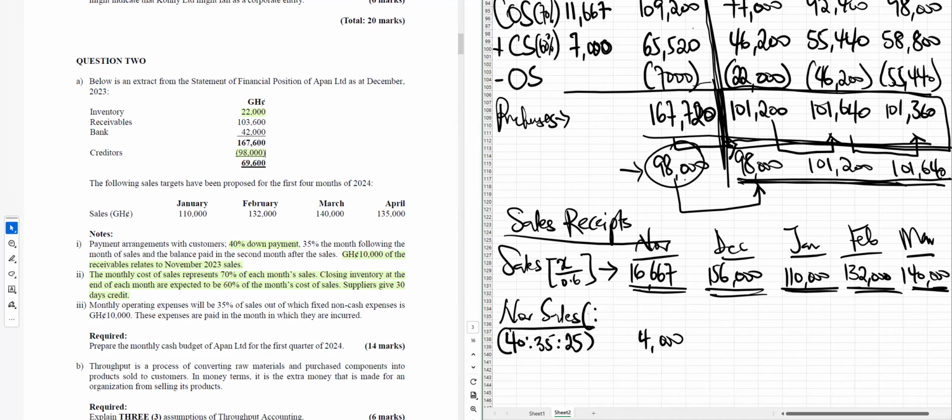November will take 25% to January. Then December we take 35% to January. Then 25% to February. Unless you are very smart, I like to go from scratch, so that I have the full one. 40% goes to November, right? So I do 40% of 16,667. Then I just put this one here, 6,667 there. Then I know that 35% goes to where? December. You get it? Then I come and just do my 35% to December.